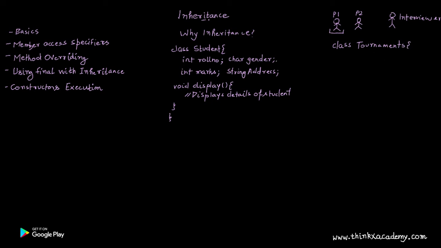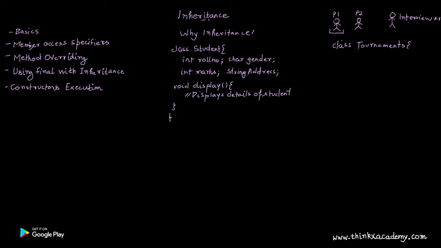So this class tournaments will have all of these members and member variables of the class student, plus it will have some more features, like one extra variable which is in tournaments and one extra function which is void calculate tournaments. So the programmer 1 is given this task.